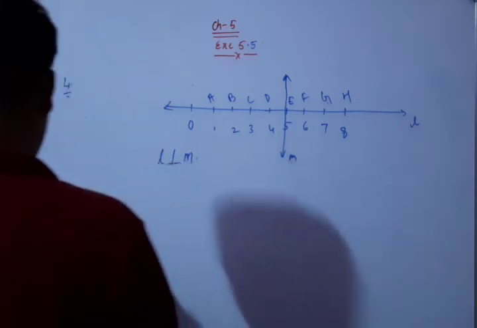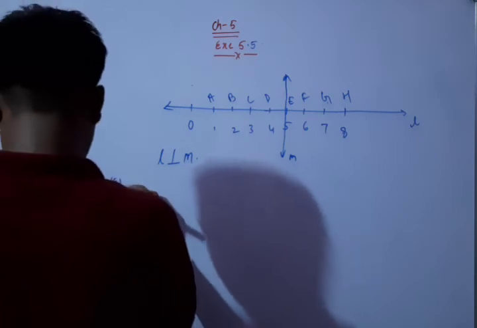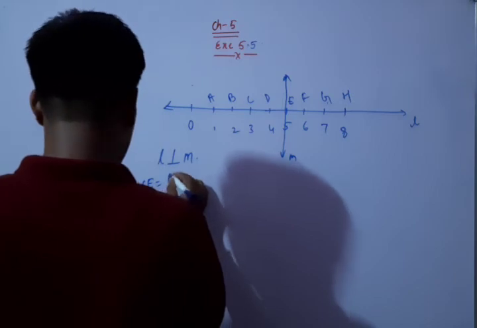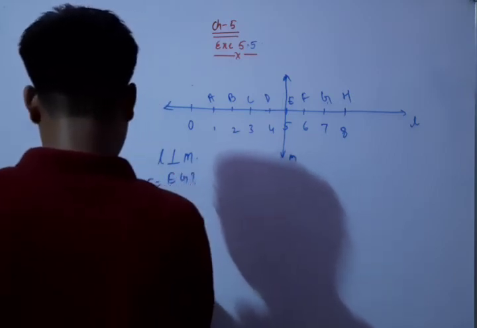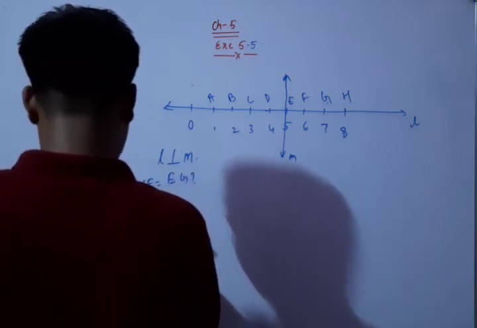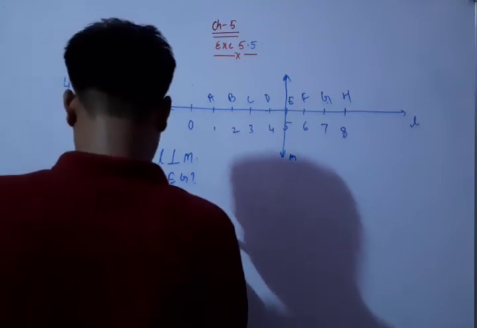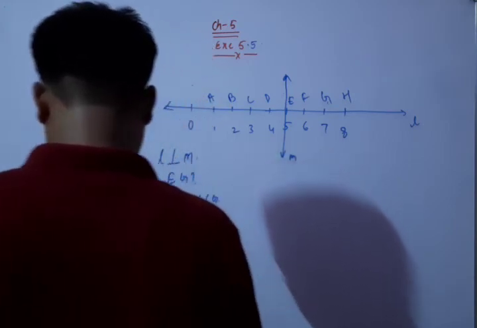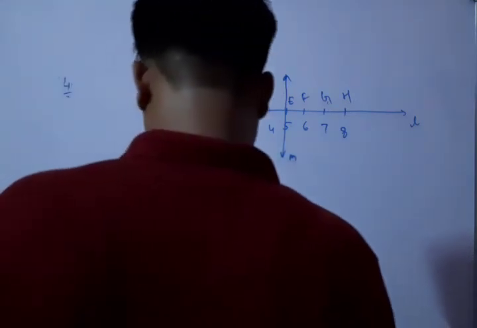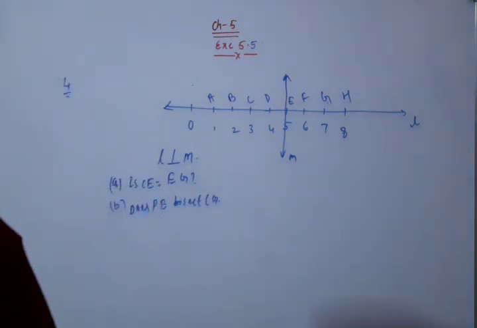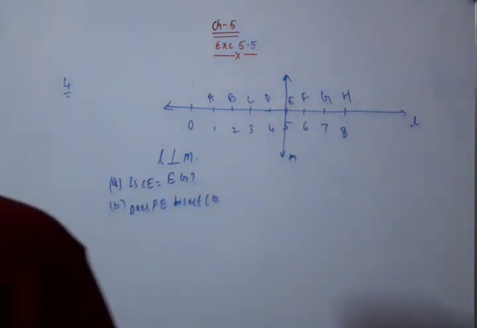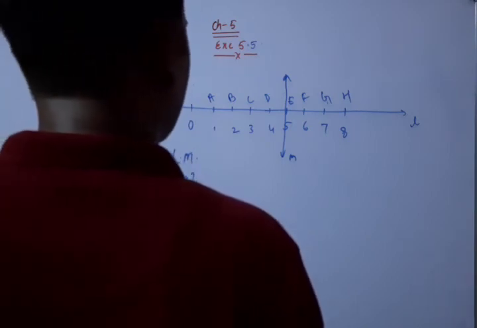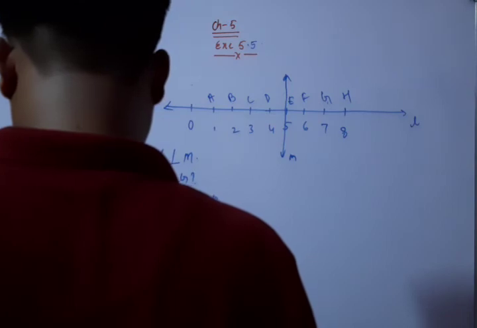Now the first question, A: is CE equal to EG? B: does PE bisect CG? Third: identify two line segments for which PE is the perpendicular bisector. Where is P?